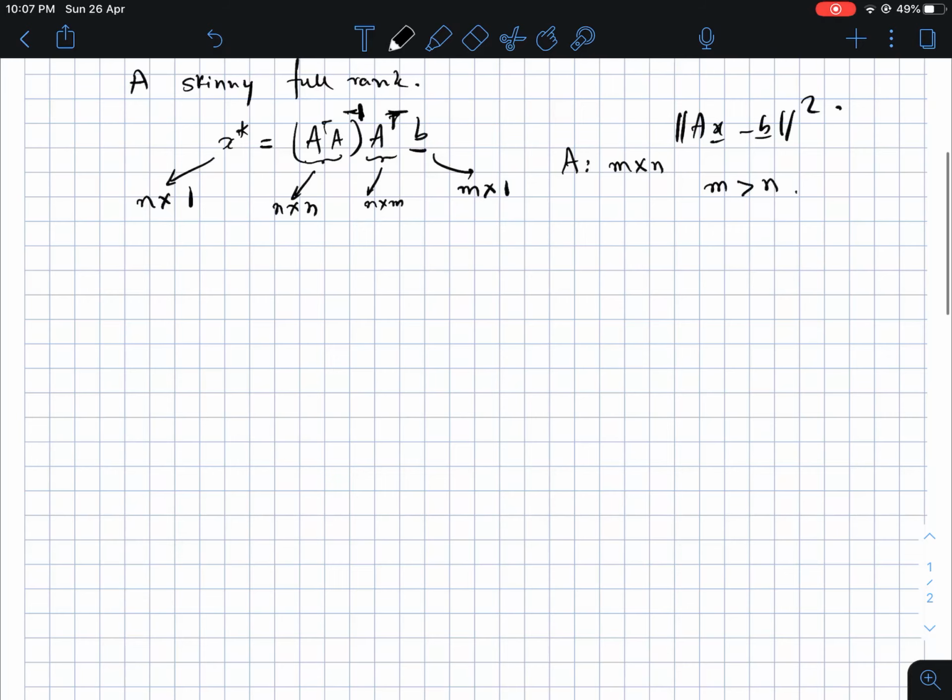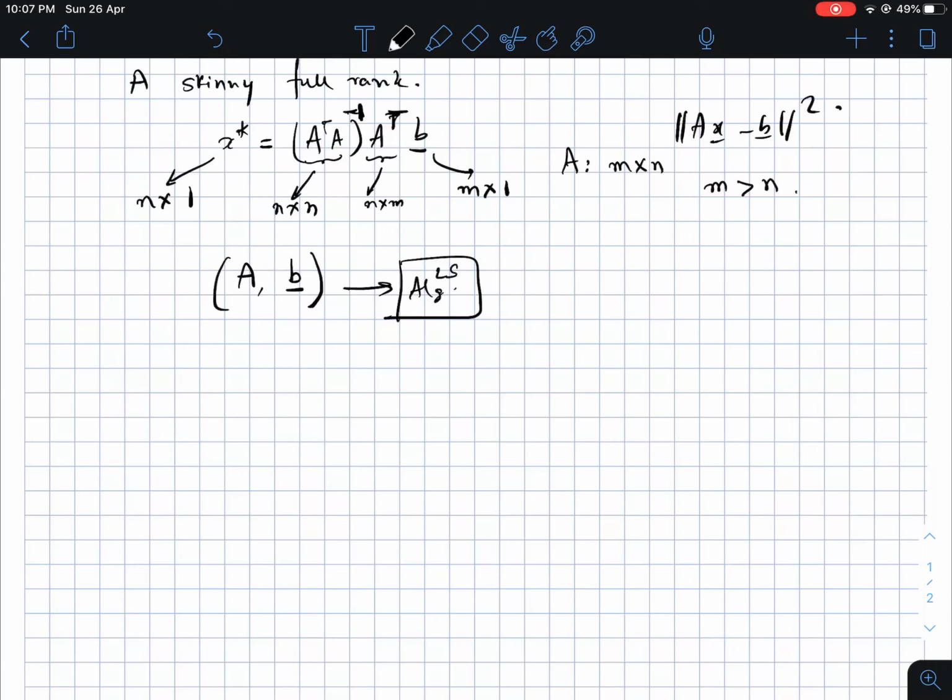So any algorithm usually will take as an input some matrices. So in this case, the least squares algorithm has to take as input the matrix A and the vector B, right? These two have to be given to the algorithm and the output of the algorithm has to be x star, the least square solution that minimizes norm of Ax minus B whole square.